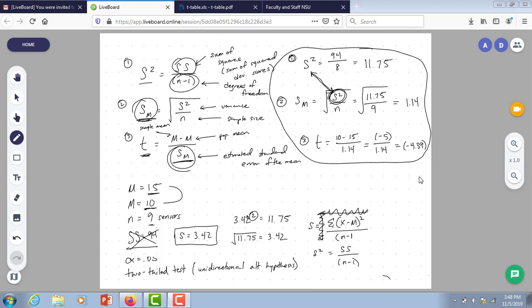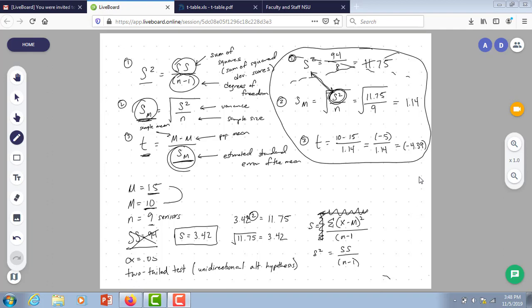So again, if you're just given a sample standard deviation, square it, you'll go back to the variance, and then you don't even have to worry about this step, because s squared equals sum of squares over n minus 1 is the equation for the variance.